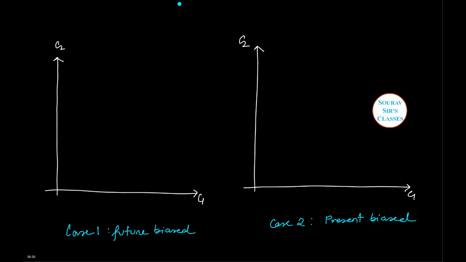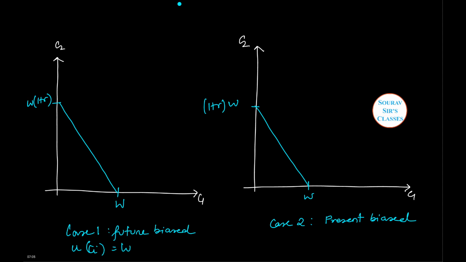This will be W, this will be W times 1 plus R. Same thing for this. Join it using a straight line. We will continue with the function of the given log form, log Ci, for this also.